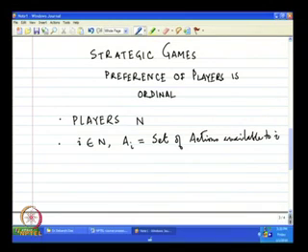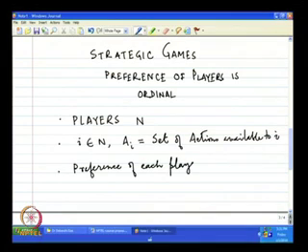So, A1, A2, dot dot dot, An, n sets will be there, each will have some elements, and it is not necessary that the number of actions available to a particular player is the same as the number of actions available to another player. And thirdly, what we need to know is the preference of each player.